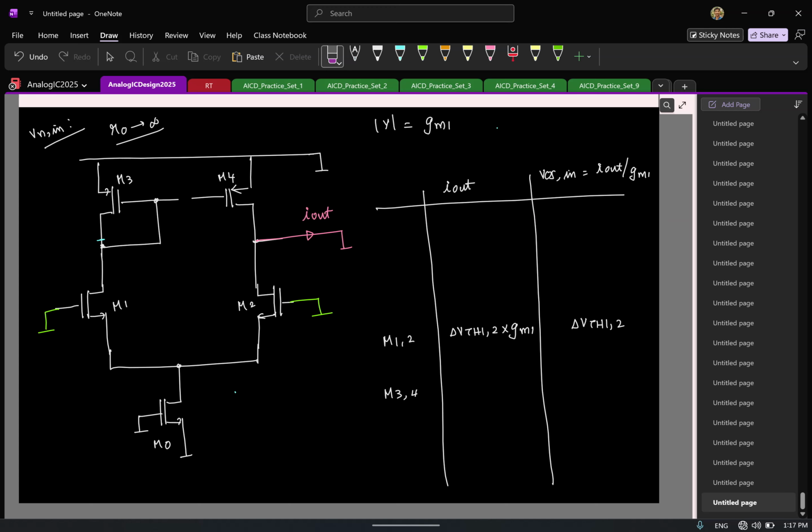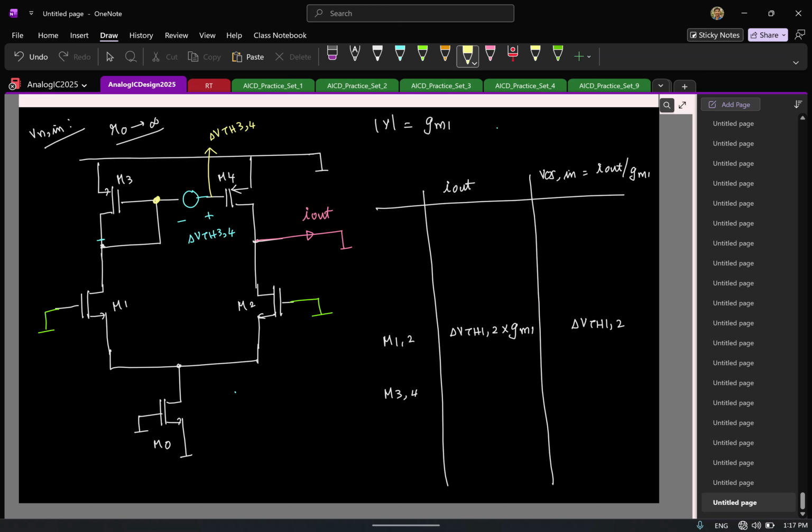For M3, M4, same: you assume that you have a delta VTH34 as a voltage. Now remember, this is at an operating point, so this is basically a small signal ground, correct? Because there is some operating point voltage to which I am adding a small signal excitation. So the total small signal voltage I get here is delta VTH34.